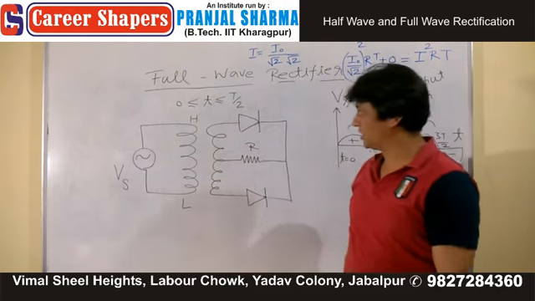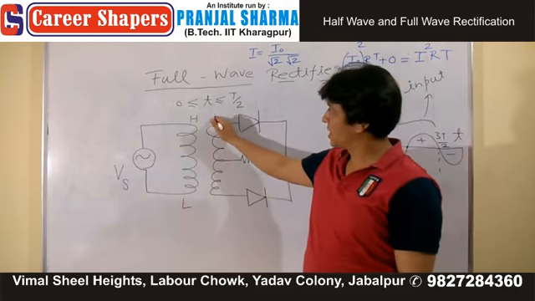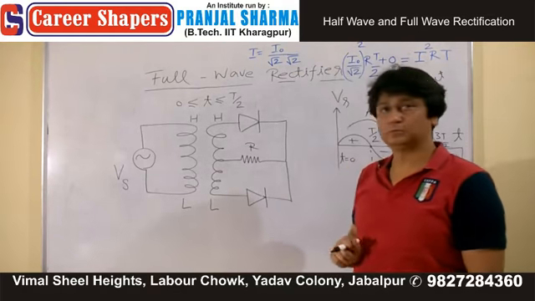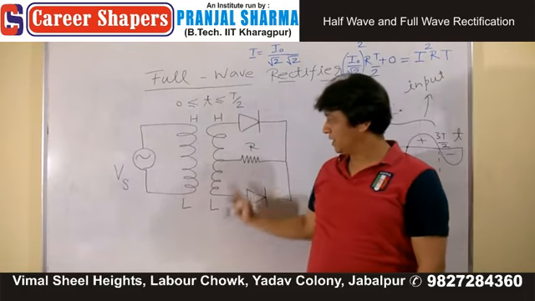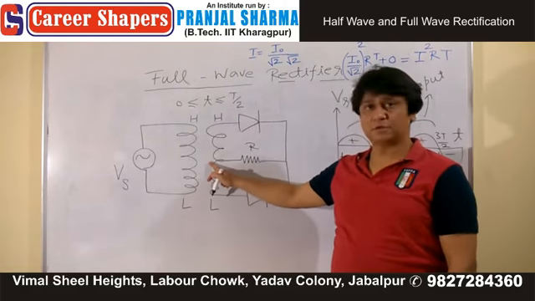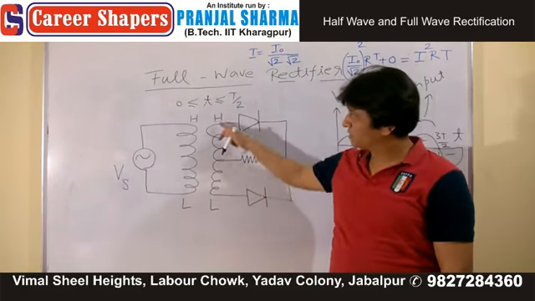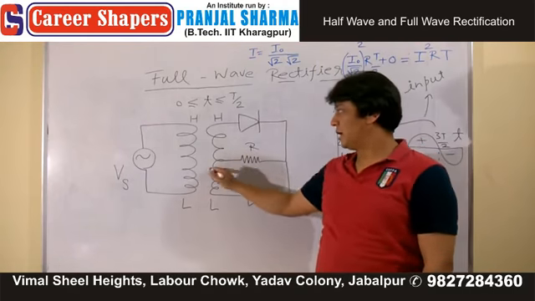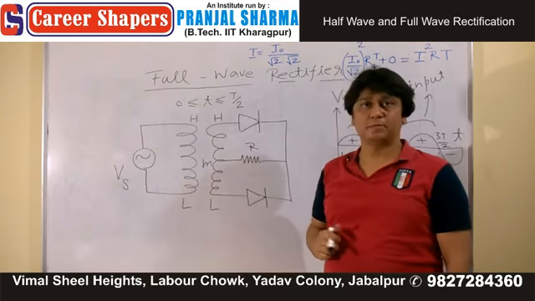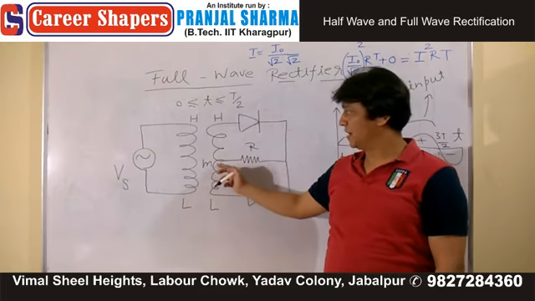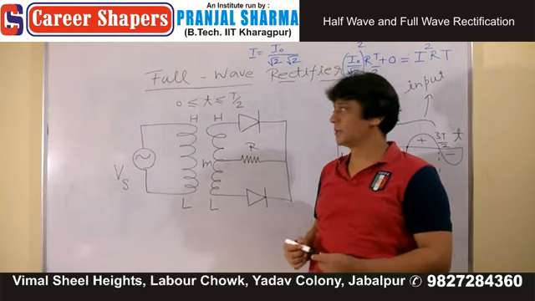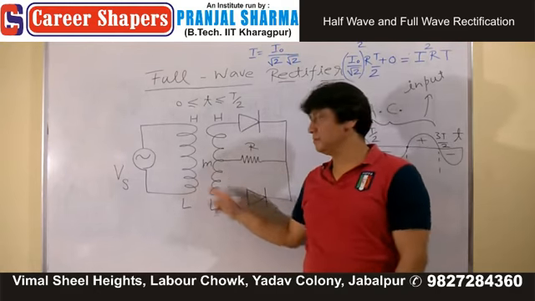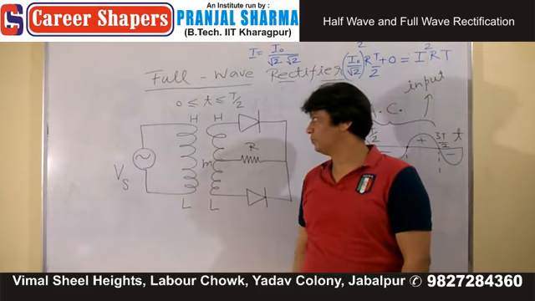Now remember something special. This is high, this is low. What about this? This is the middle point of the secondary coil. Let's call it M. High, middle, low. High, medium, and low.